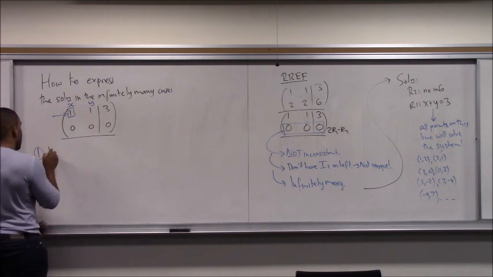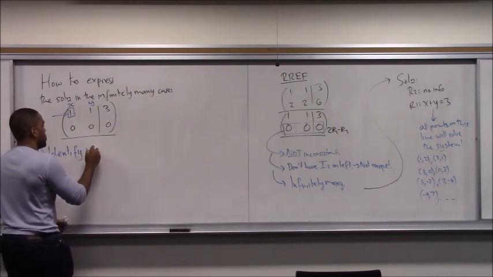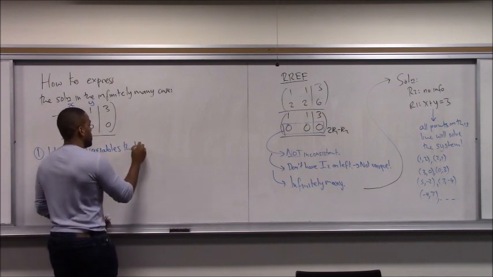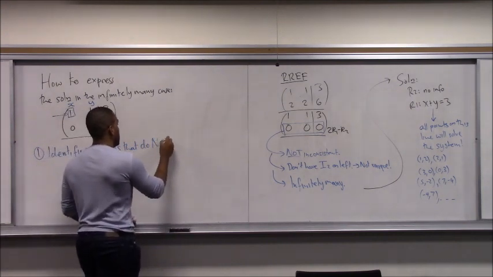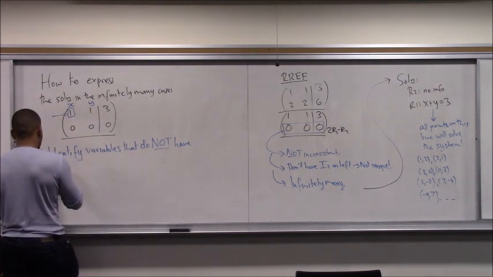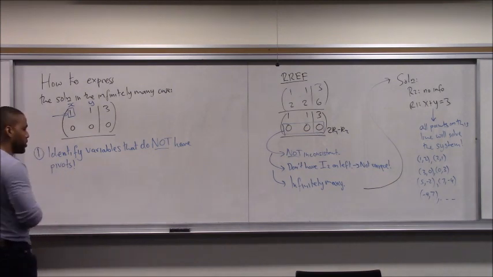1, identify variables that do not have pivots. That's the first step.